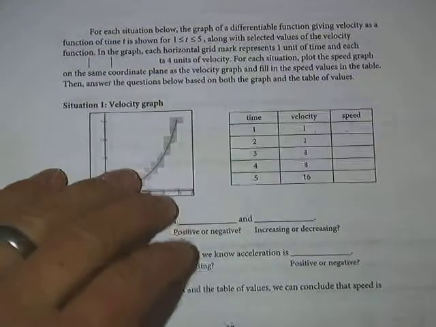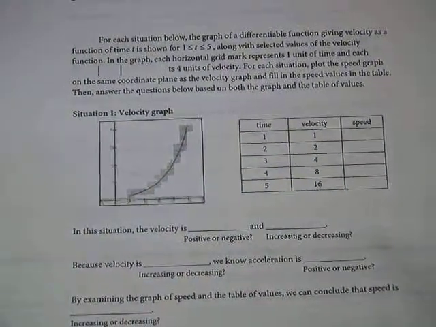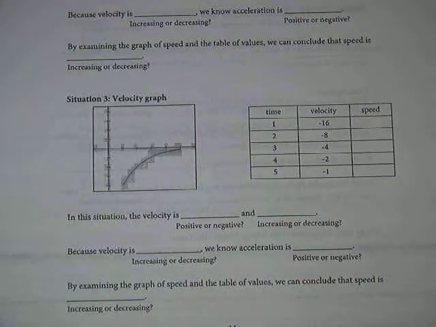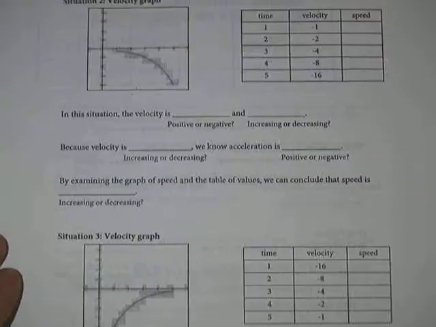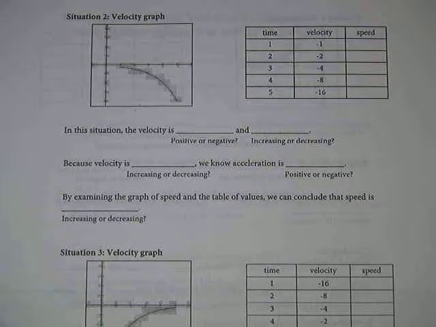Positive, increasing. So this one would be increasing, positive. And this one's increasing. Alright. Next one, in this graph, you can see that the velocity is negative.